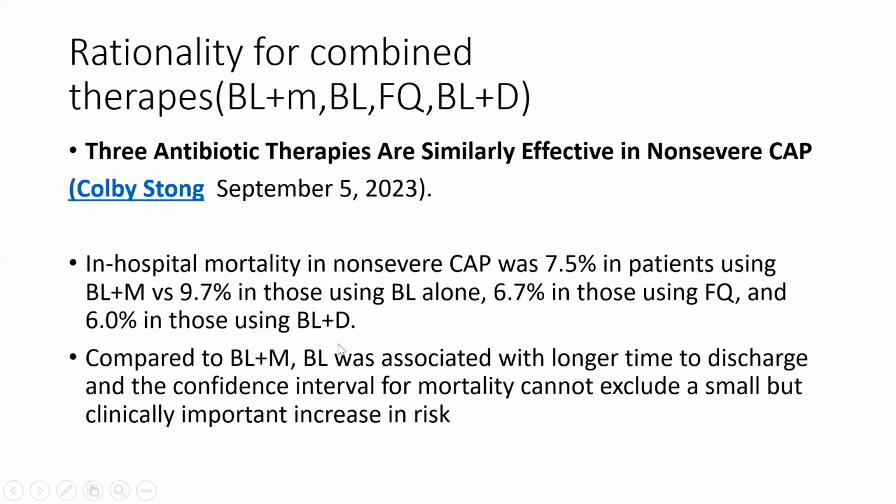We compared time to discharge, and beta-lactam alone was associated with a longer time to discharge, which makes sense because it depends on the organisms you're targeting. If there were typical organisms, you might have missed them. Still, all three groups were non-inferior, so it means all of them had good cover.